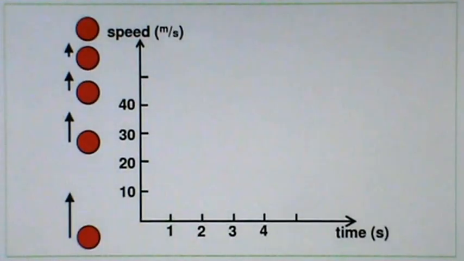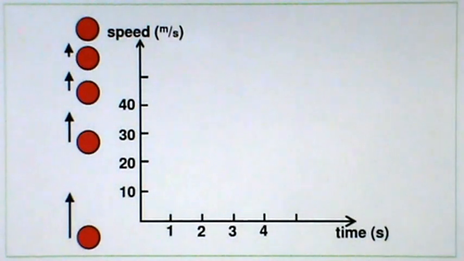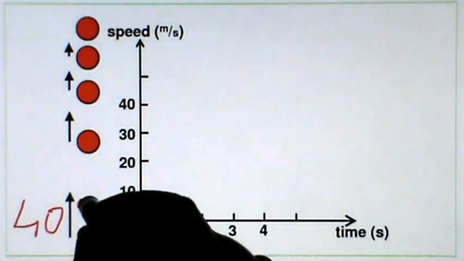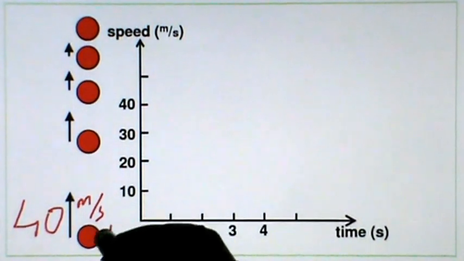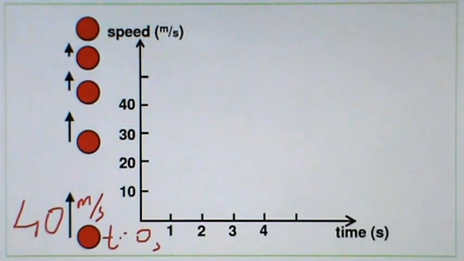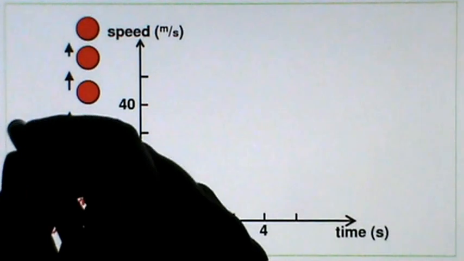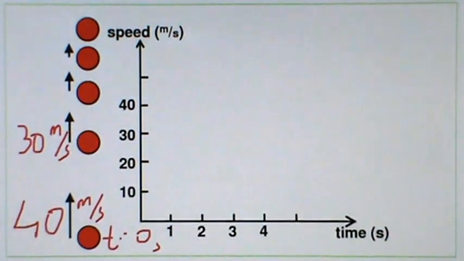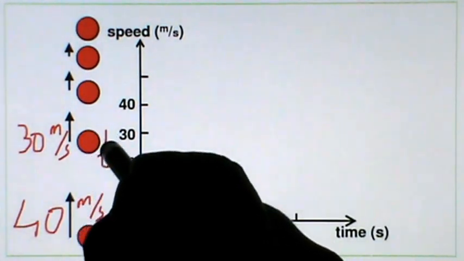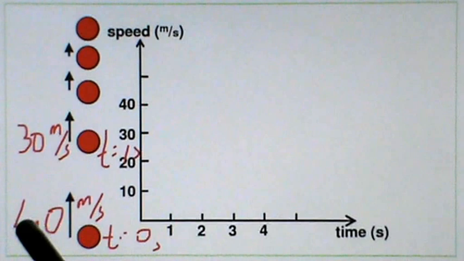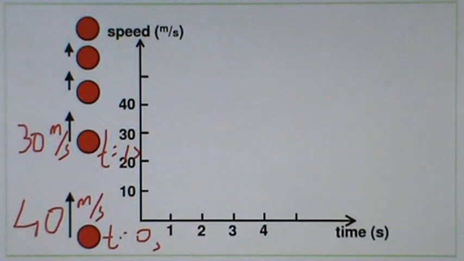Now, for example, if we shoot a ball vertically so that it has an initial speed of 40 meters per second, this is the beginning, or t equals 0. After 1 second, the speed will be 30 meters per second. Why? Because every second the speed decreases by 10 meters per second.